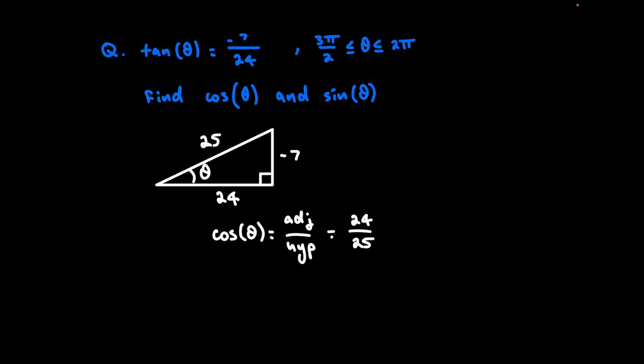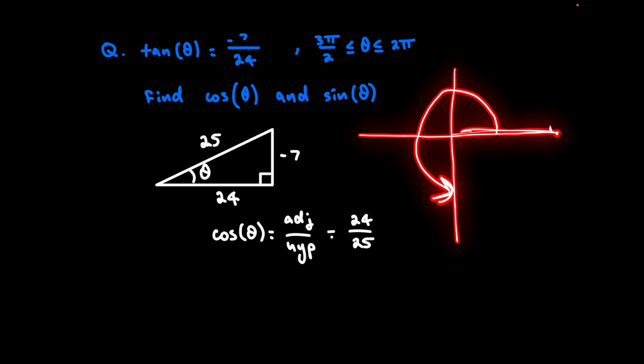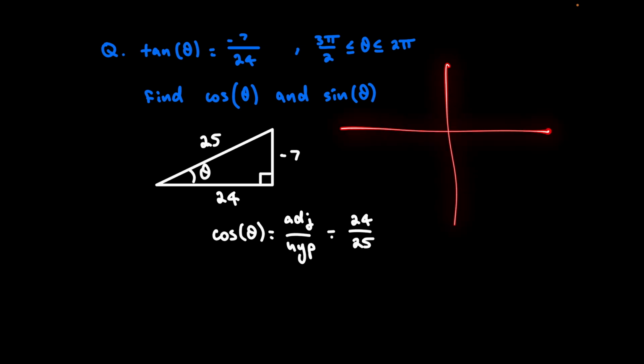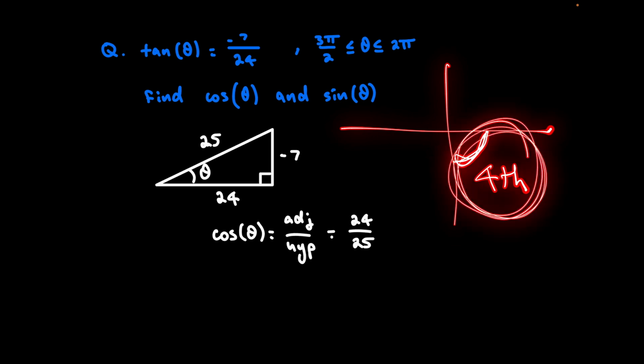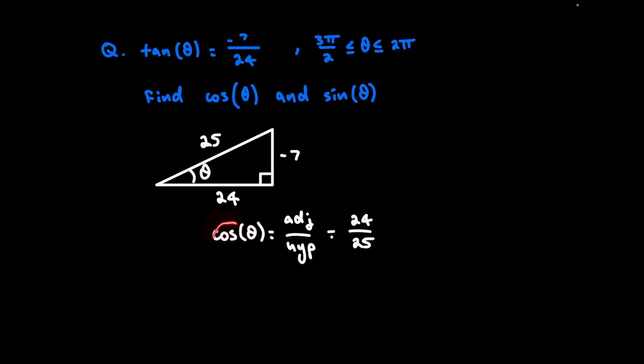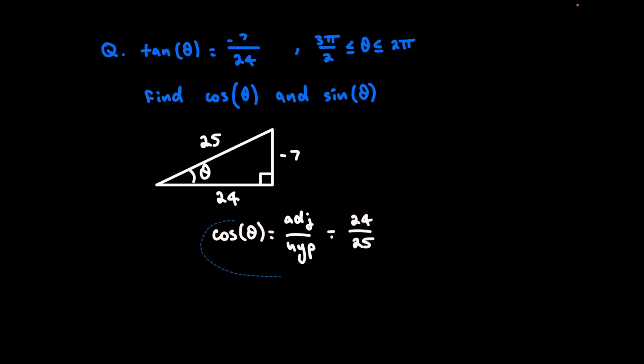We're in the fourth quadrant, because if we draw out a unit circle, a Cartesian plane, 3 pi on 2 is 270 degrees. Okay, that's over here. And then 2 pi is over here. It's all the way back around here. So what we're saying is if we're between 3 pi on 2 and 2 pi, we're actually in this quadrant here. We're in the fourth quadrant. And we know that cosine is the only ratio that is positive in the fourth quadrant. So it makes sense that cosine of whatever the angle theta is, we don't need to know what it is, but cosine of angle theta makes sense that we get a positive number like this.